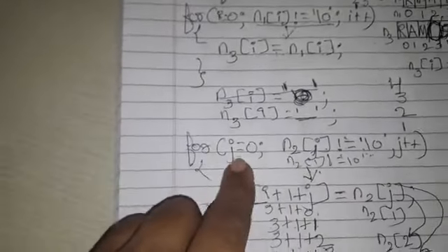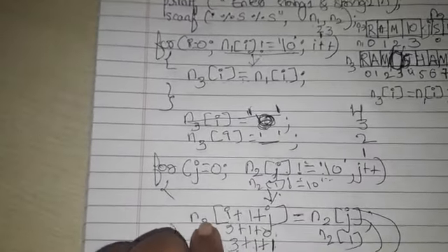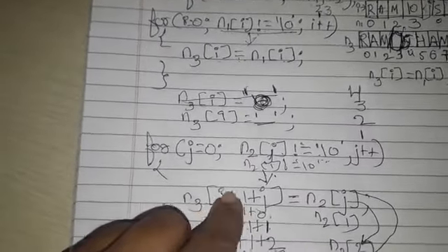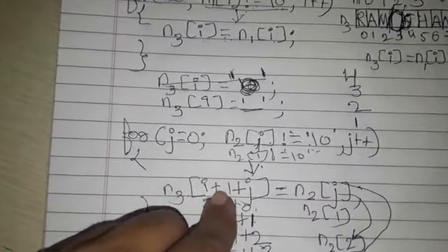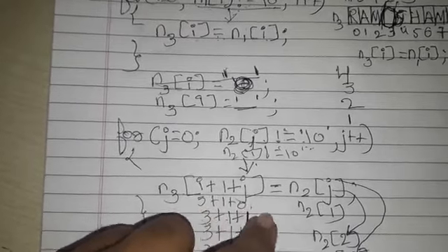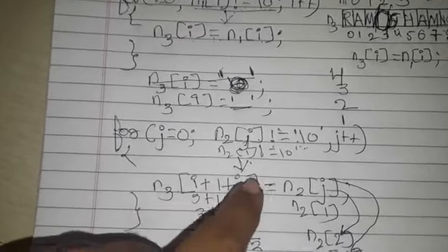As I am starting the j loop from 0, I will take the condition as N3 of i plus 1 plus j, that is 3 plus 1 plus 0. What is 3 plus 1 plus 0? This is 4. N3 of 4 is equal to N2 of 0.